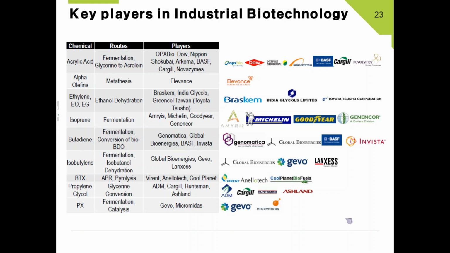In these slides, I just show you the key companies that are interested or already do some biorefinery methods. So for these specific chemicals, these specific routes of fermentation or chemical production is being done.